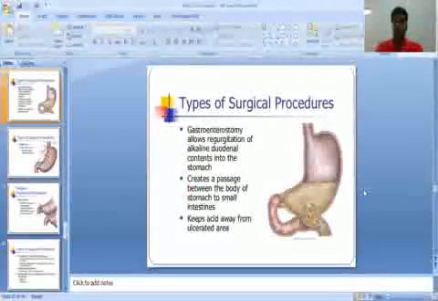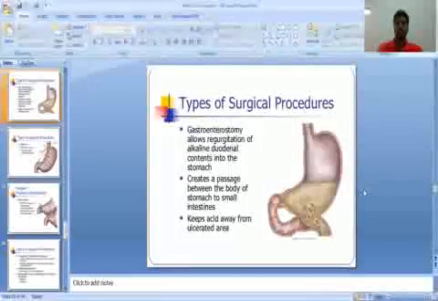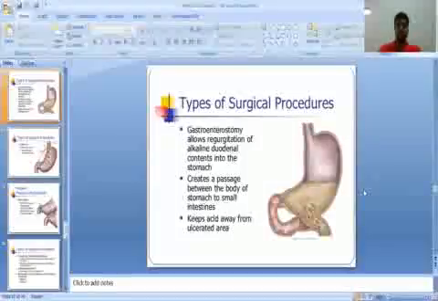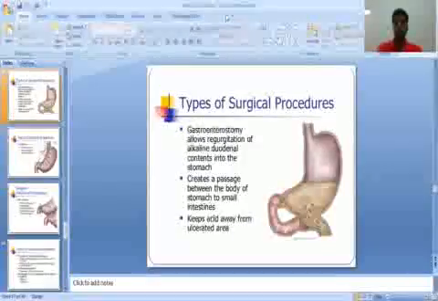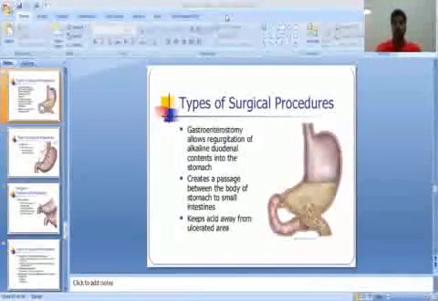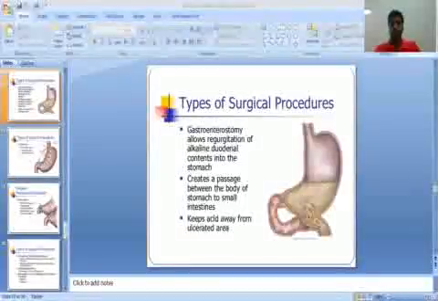Types of surgical procedure. First one is gastroenterostomy. It allows regurgitation of alkaline duodenal contents into the stomach. It creates a passage between the body of the stomach and the small intestine.